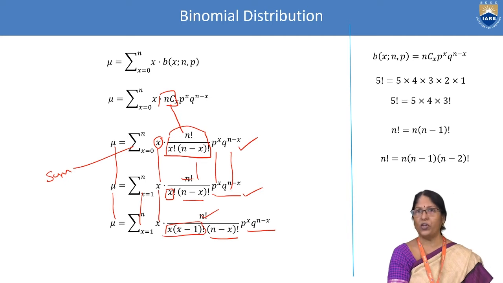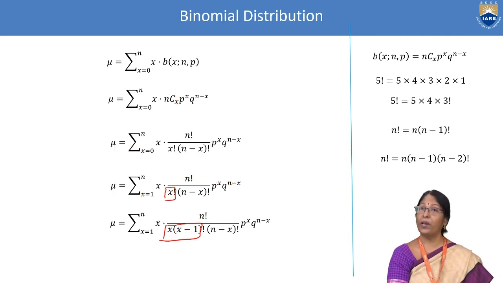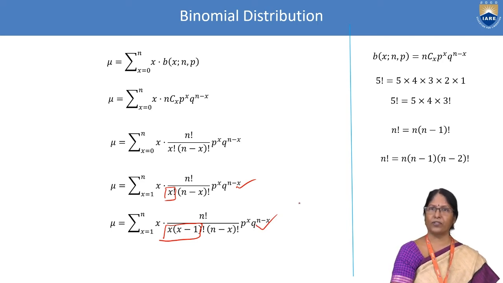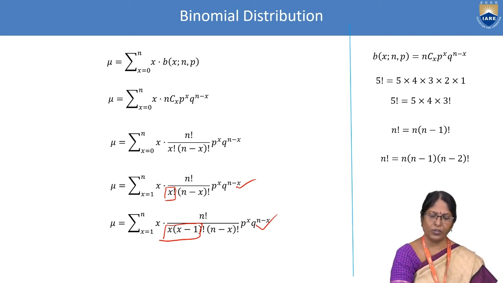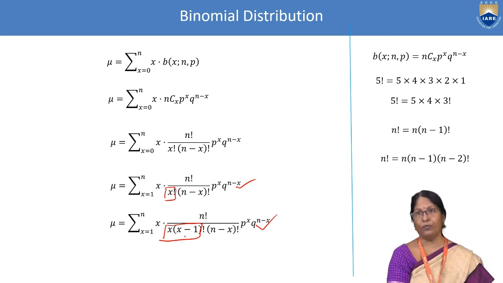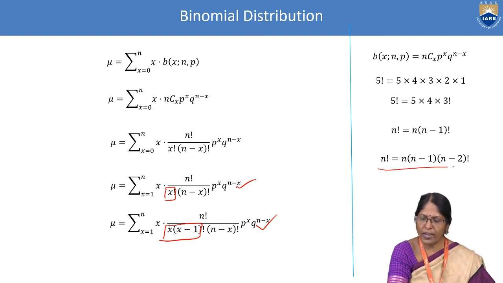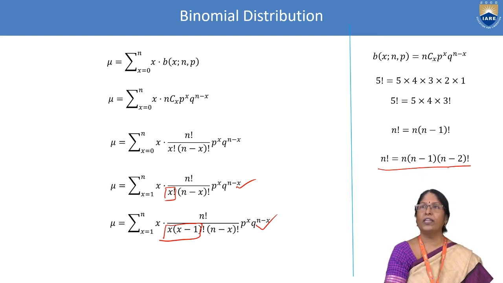So this step and this step we are comparing. We did the change, x factorial replaced by x into x minus 1 factorial. Okay, fine. Here the formula is n factorial, that is n into n minus 1 into n minus 2 factorial.